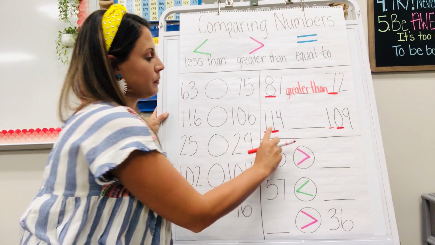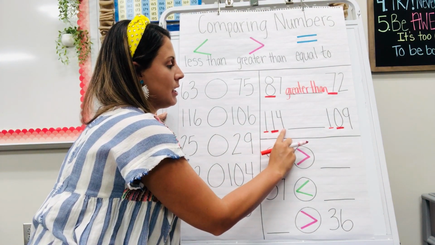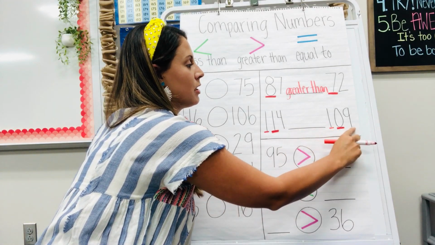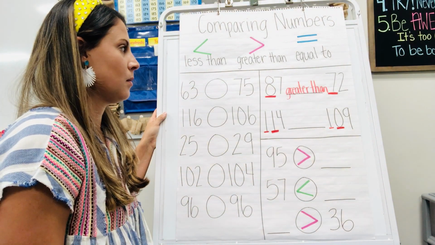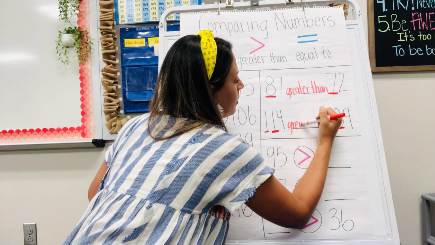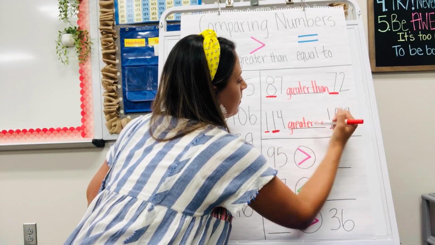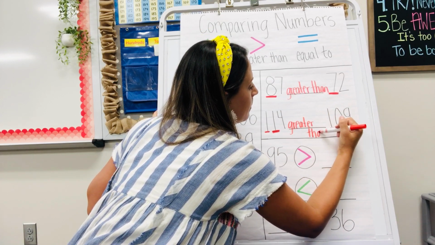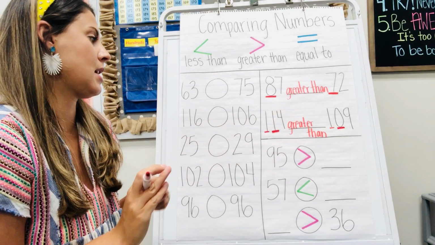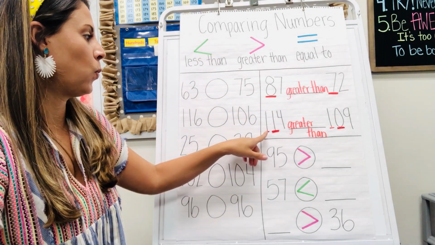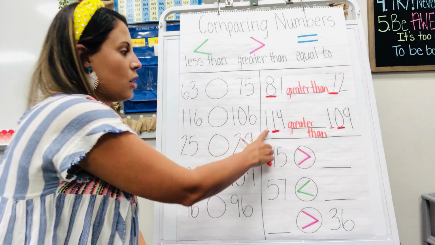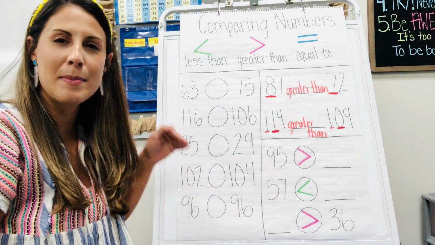So this one, 114, is greater than 109. So both of these are greater than. 114 is greater than 109 because 114 is a greater number.